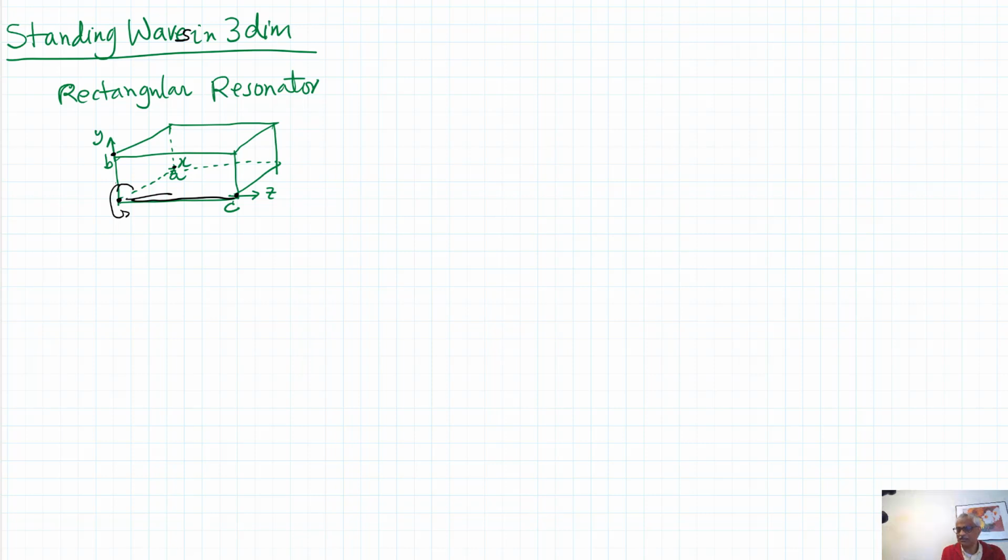So if this is an oven at temperature T Kelvin, and you had a little hole here, the EM wave that comes out will be black body radiation.